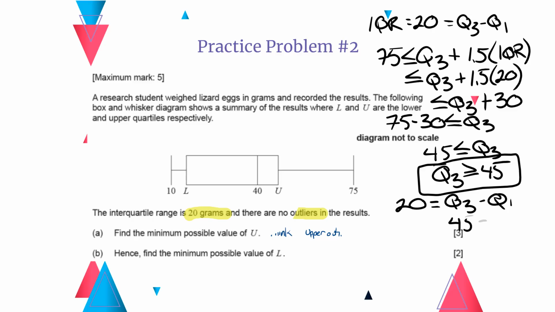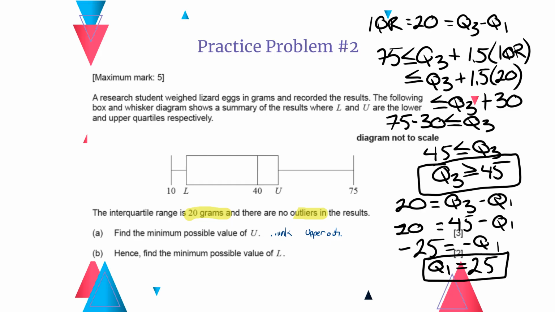That's 45 minus whatever Q1 is. To get rid of the 45, we're going to subtract it from both sides. So we end up with 20 minus 45, which gives us negative 25. And we've got negative Q1 on this side. We need to multiply both sides by negative 1 so that we end up with Q1 is equal to 25.